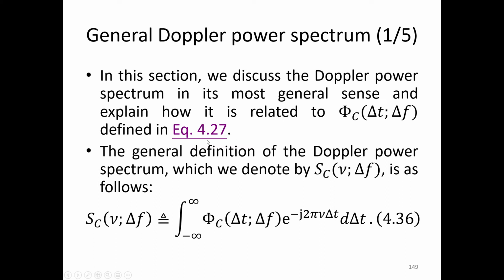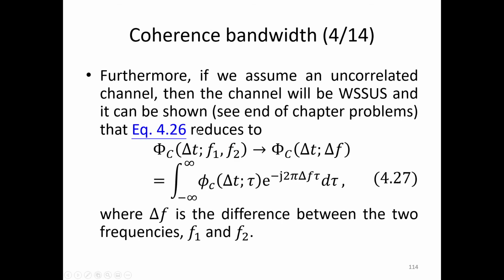Okay, let us see equation 4.27. Okay, this equation: phi c of delta t, f1, f2 becomes phi c of delta t, delta f, where delta f is the difference between the two frequencies f1 and f2.